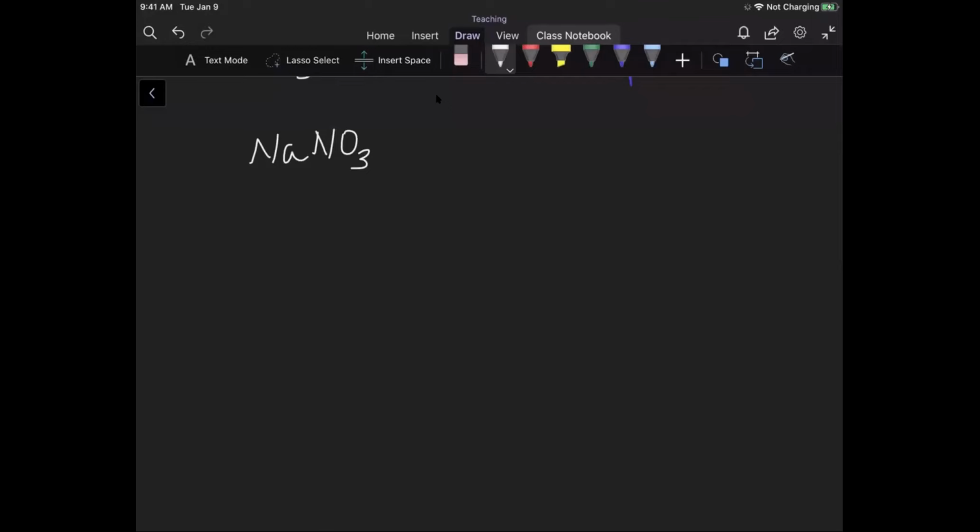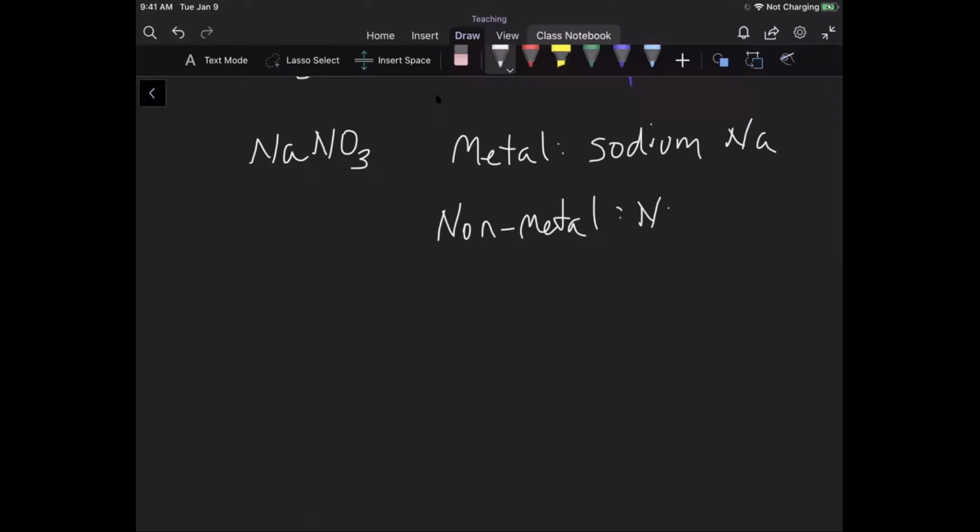I look at my metal, and the name of that is sodium. That's my Na part. And my nonmetal is nitrate. That's one of my polyatomics, a common one. When I put those two things together, I name the cation first, sodium, and then the anion, nitrate.